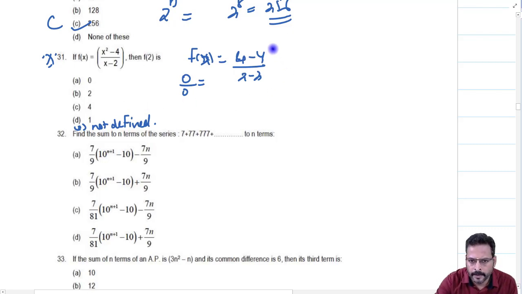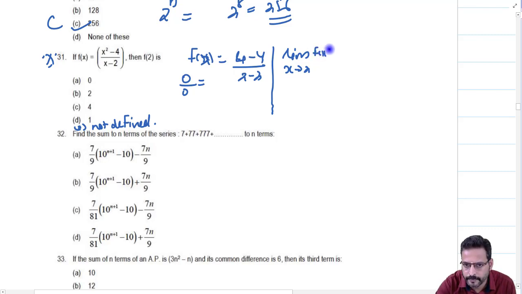Therefore, we have a portion called limits and continuity for CPT. For foundation, it is not there in the syllabus. So there is limit x tends to 2 of f(x), limit x tends to 2 of (x square minus 4) divided by (x minus 2).